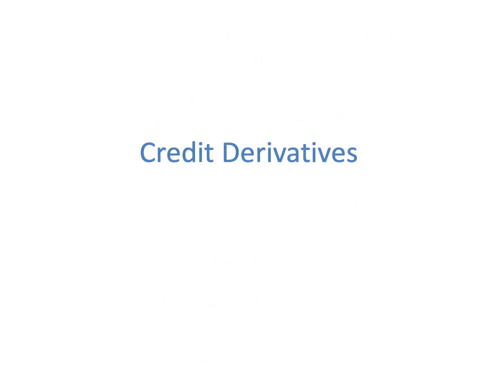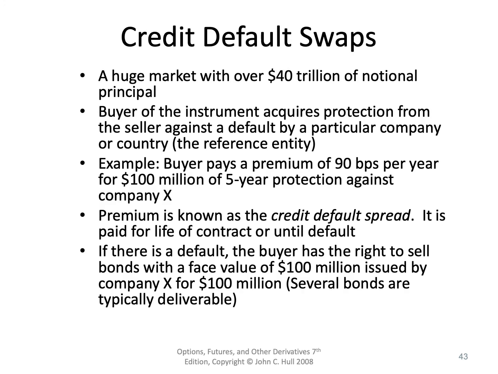Let's now look at credit derivatives, often called, like CDOs, by Warren Buffett, financial weapons of mass destruction. Credit default swaps are a very big market now, with over 40 trillion of notional principal value.